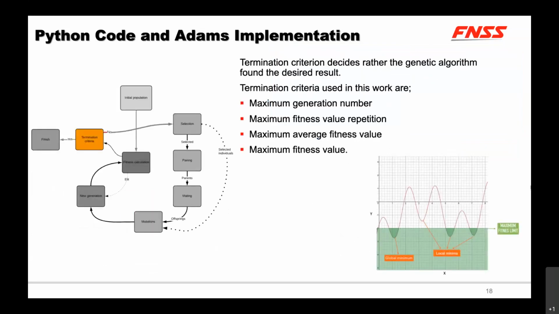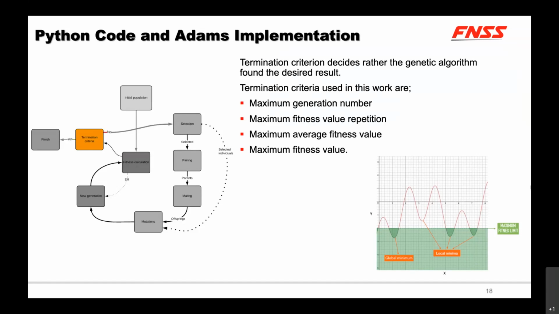For the termination criteria, there are a lot of termination criteria that can be used. In this work, we are using maximum generation number, which allows us to terminate the process if it goes on for too long. And then maximum fitness value repetition. This is a very good indicator of our algorithm getting stuck in a local minimum and not getting any better because of the elitism.